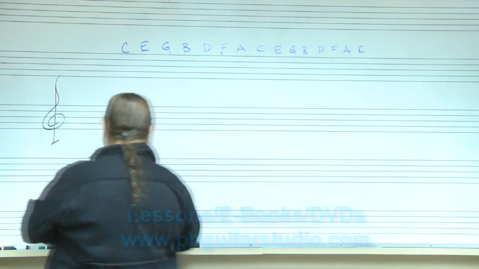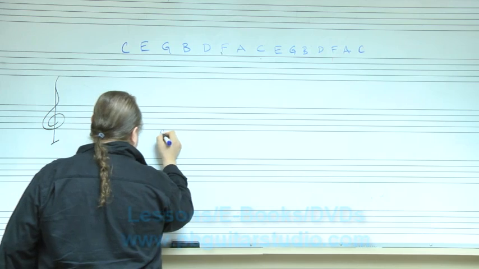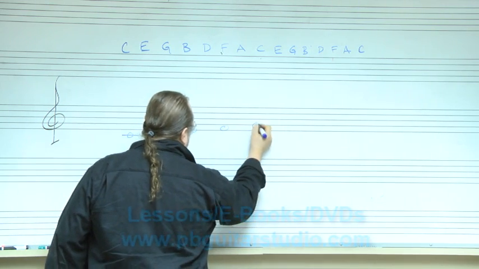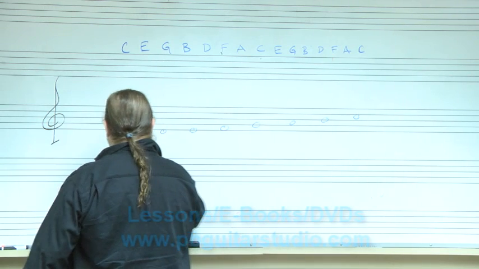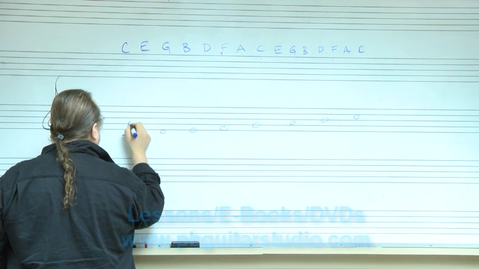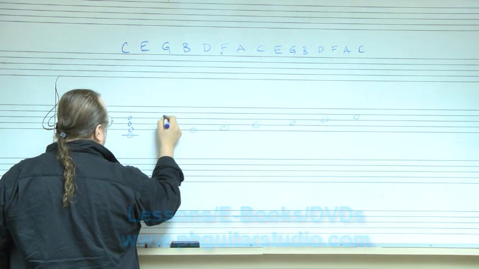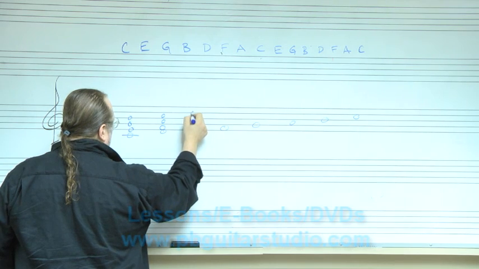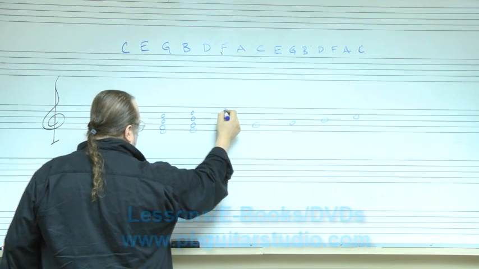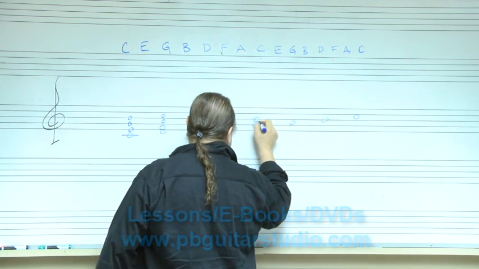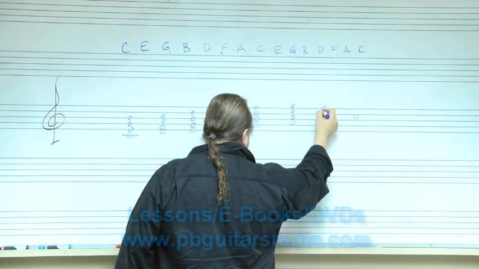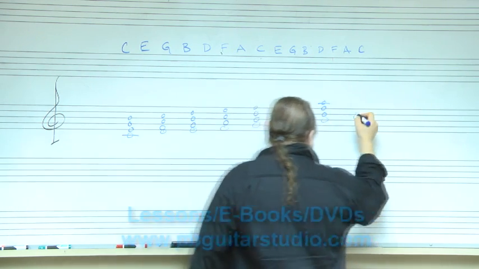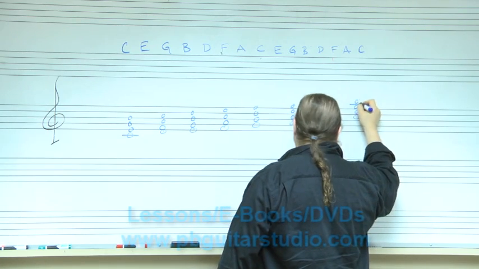Okay, so we're still doing C, so we got C, D, E, F, G, A, B, C, right? And then we just stack line, line, line, right? Space, space, space, line, line, line, space, space, space, line, line, line, space, space, space, line, line, line, space, space, space.